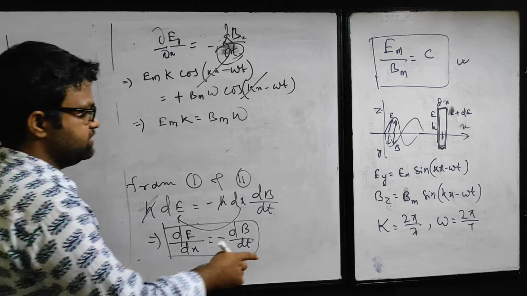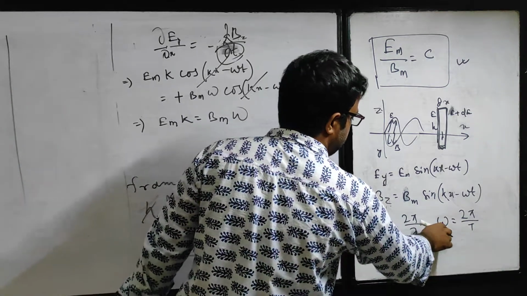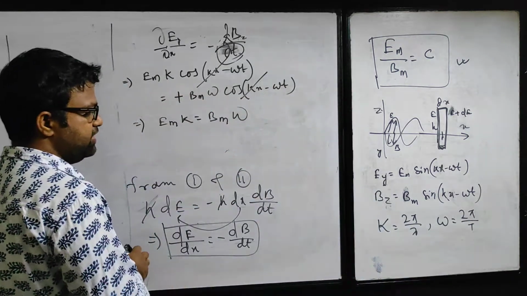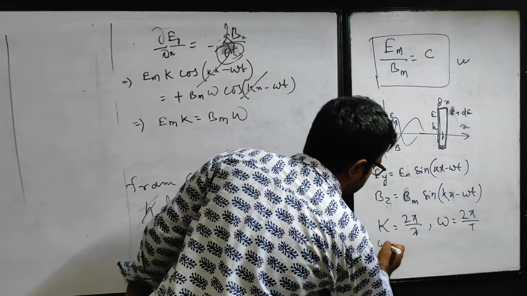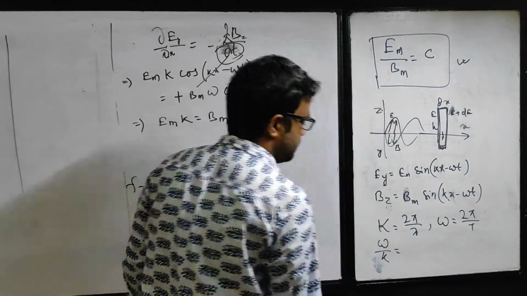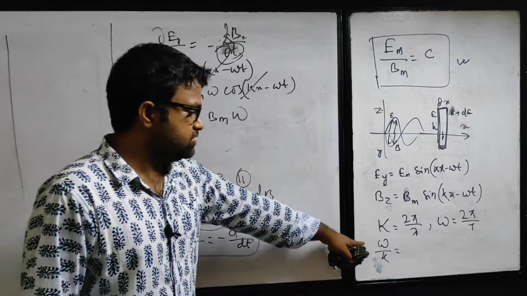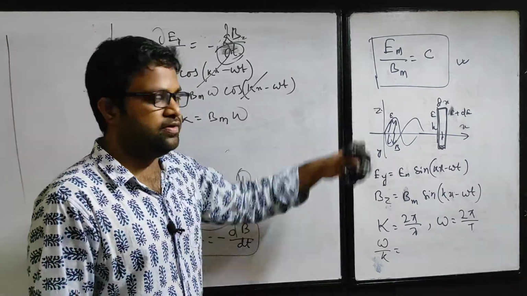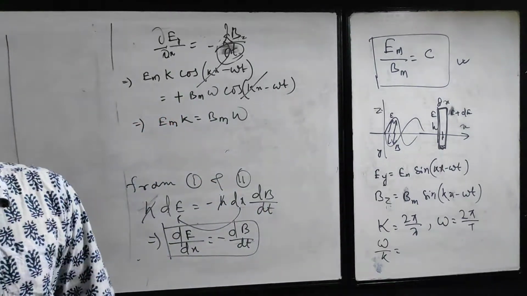Okay, and what is k? 2 pi by lambda, and omega is 2 pi by T. So what will omega by k be? Omega by k would be the speed of the electromagnetic wave. How?